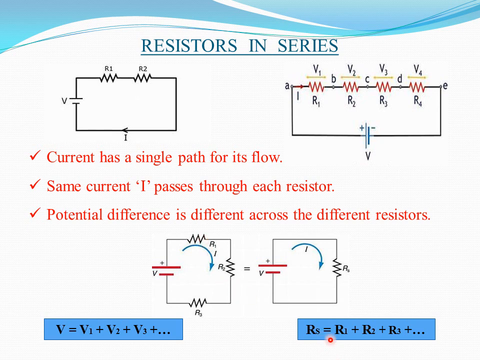So Rs is equal to R1 plus R2 plus R3. In the series combination, the equivalent resistance is equal to the sum of the individual resistances.